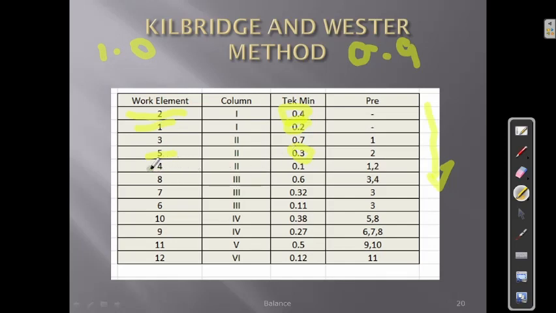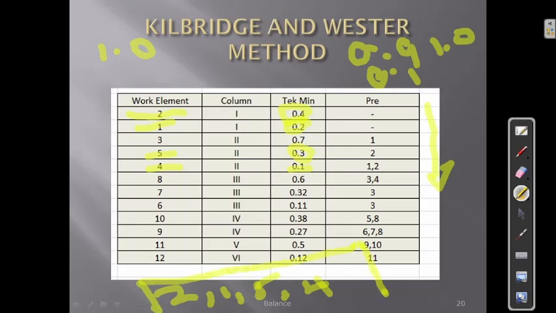Yeah, we can take this 4 also, because this TK minutes is 0.1 minutes. So it will come to exactly 1 minute. So in that station 1, we have work elements 2, 1, 5, 4. These are all the work elements in station 1.